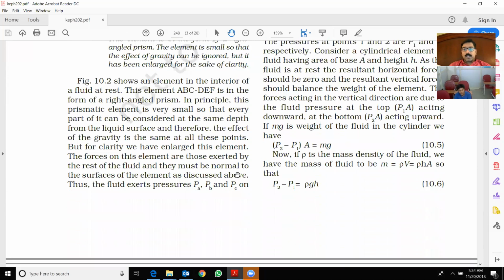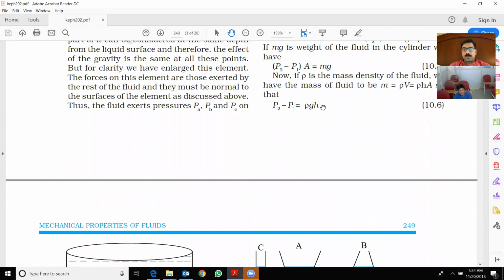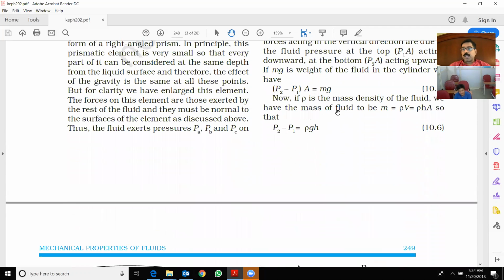Yes, sir. And the same thing is applicable here. When you were trying to calculate the gauge pressure, P2 minus P1 is equal to rho g h. Rho and g are constant. The only variable here is h, and h is depth or height, right?